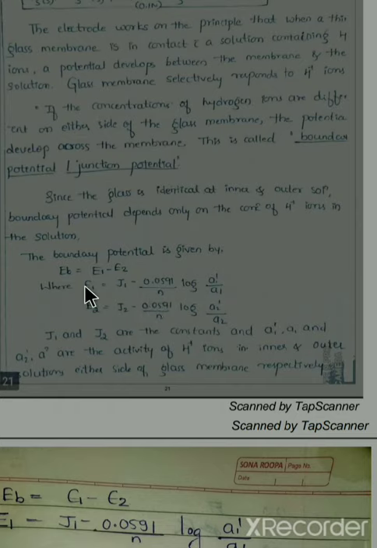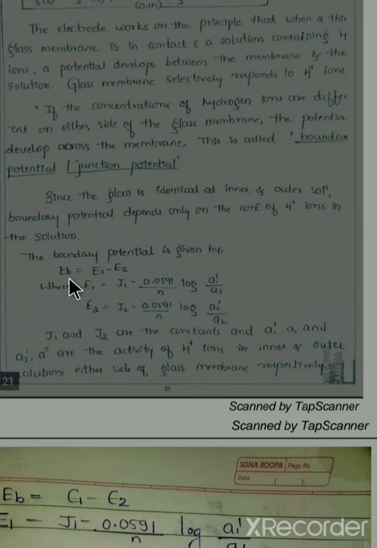See here, this is with respect to the inner HCl with a concentration of 0.1 normal, and this is the outer HCl whose concentration is unknown to us. Here J1 and J2 are the standard electrode potentials for HCl, and N is the number of electrons involved in the reaction.